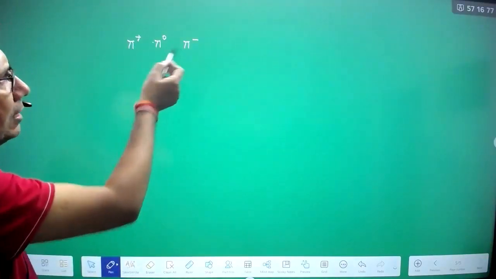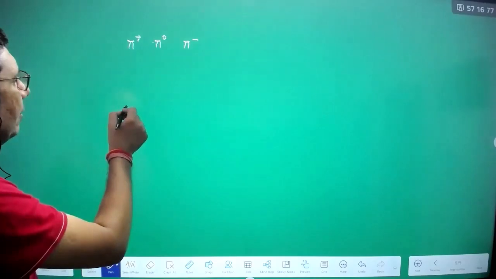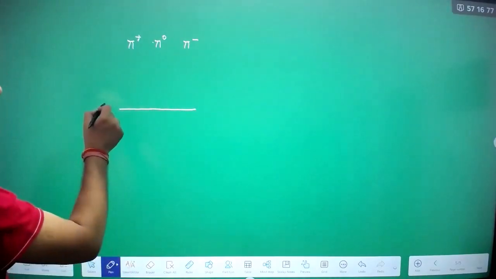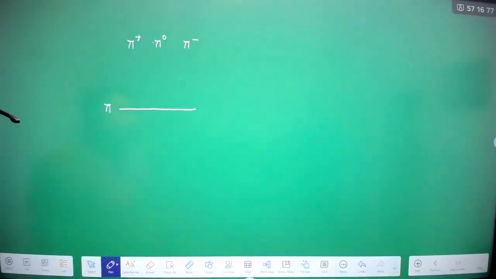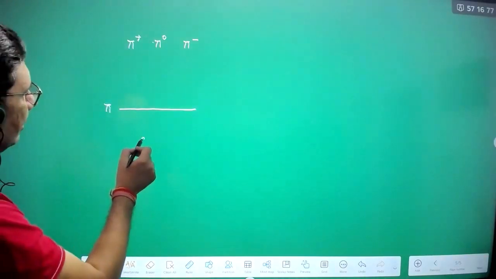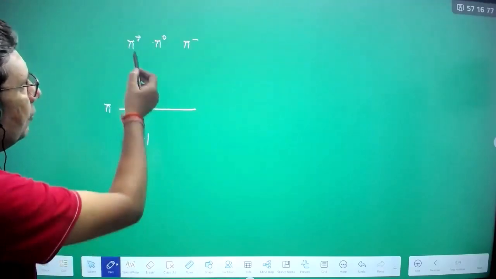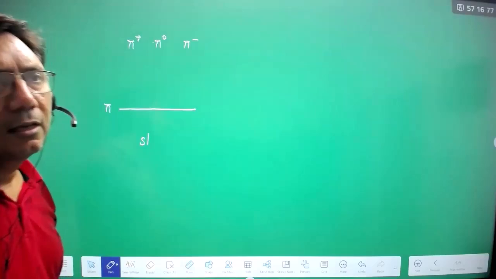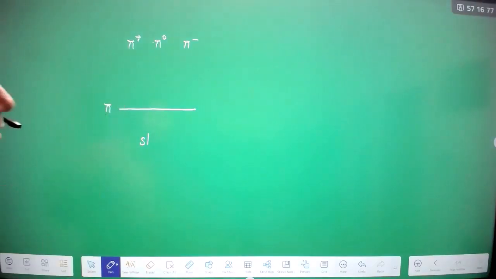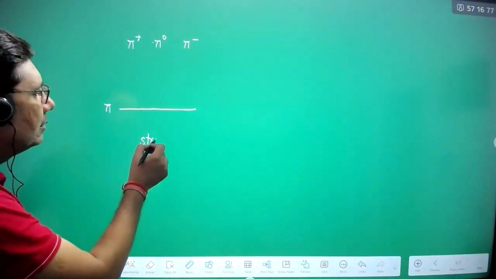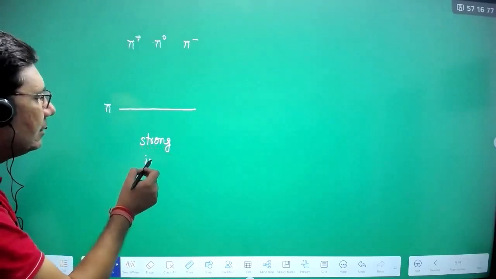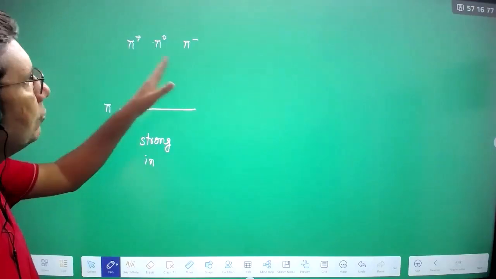If you look at these particles, what do you find? They represent a single particle state. This is called the pi state under strong interaction. If you observe these three particles through strong interaction, you will find that strong interaction is unable to separate them.